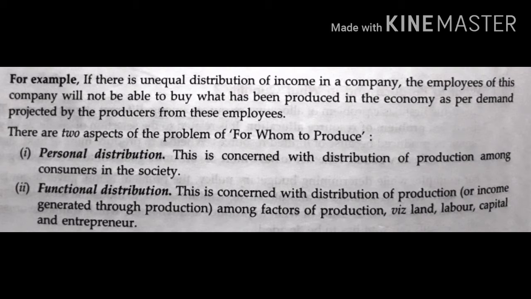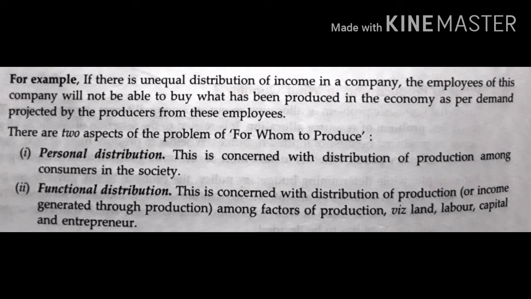If a company distributes unequal incomes to its employees, then whatever demand is projected by these employees in the economy, the producers produce that amount of goods and services only. But because of the unequal distribution of income among all these employees, they will not be able to get or purchase an equal amount of goods and services, as the distribution of income is unequal.